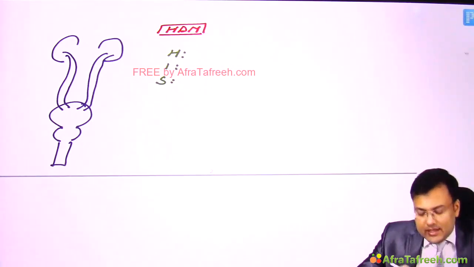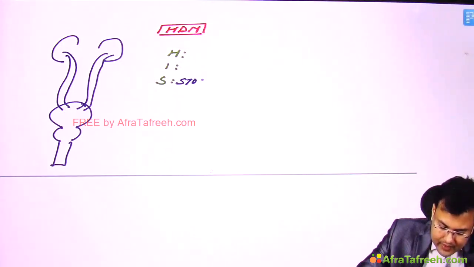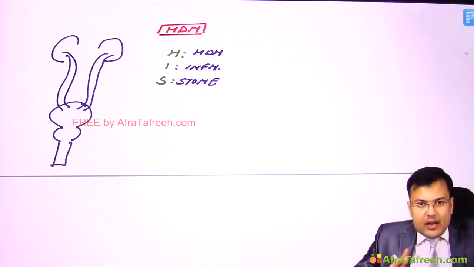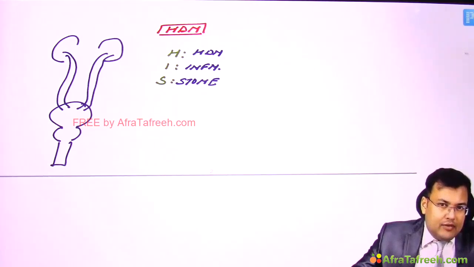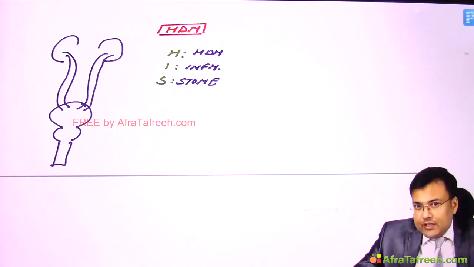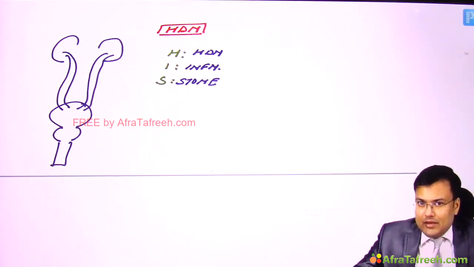Anywhere in the urinary tract, if the patient is having obstruction, there is SIH. S means stone, I means infection, and H means hydronephrosis, which is aseptic dilatation. Now, depending upon the site of obstruction, the patient might be having hydronephrosis, hydroureteronephrosis, unilateral hydroureteronephrosis, or bilateral hydroureteronephrosis.